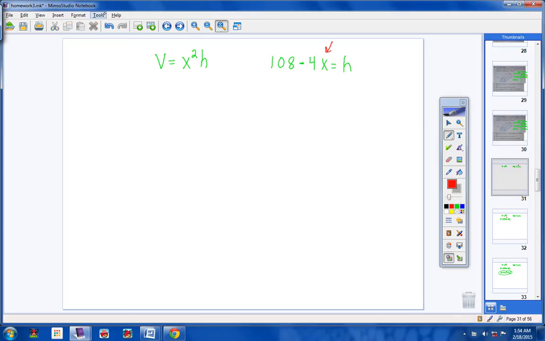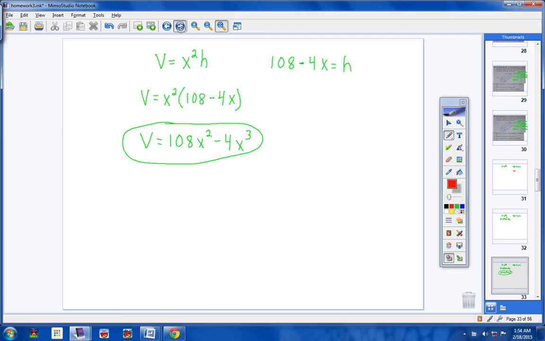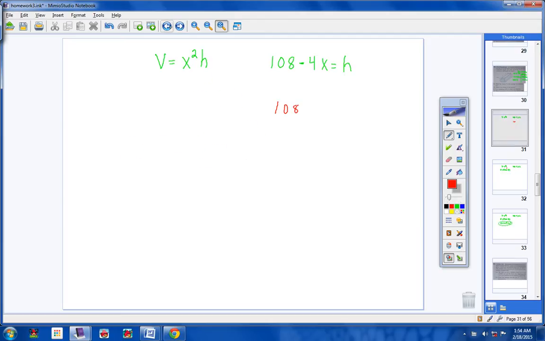So here's what I did. I put 0 in for h. Now watch how I do this. Now watch, I solve for x. So I bring the 108 over, make it negative 108.